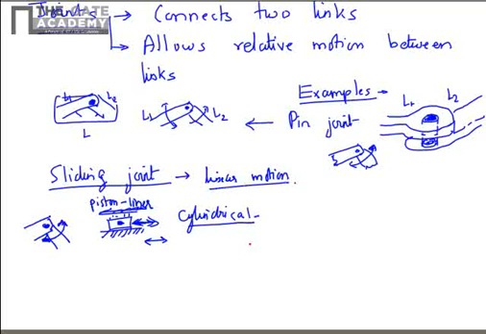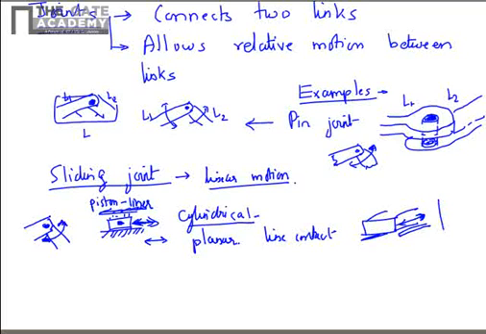The surface of contact may not necessarily be cylindrical. It may be planar also, or a line contact also. For example, a drawer in a wardrobe resides on railings inside the wardrobe, and here the sliding motion takes place.